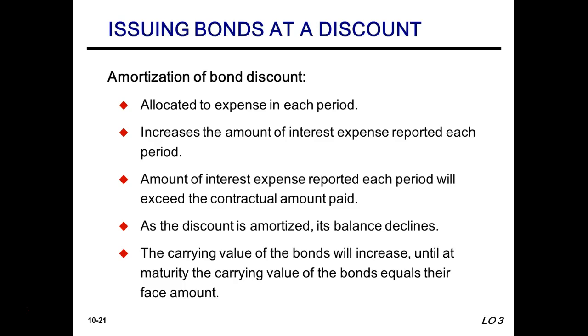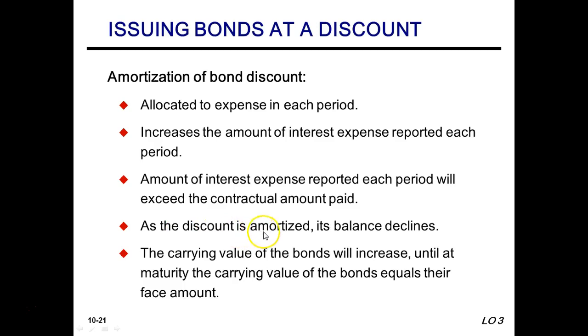Now, here's a couple things to note, that when we're using what they call the straight line rate, we're going to allocate the expense to each period. For bonds issued at a discount, it increases the amount of interest expense reported during the period.